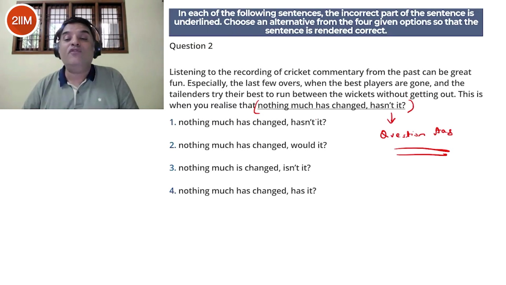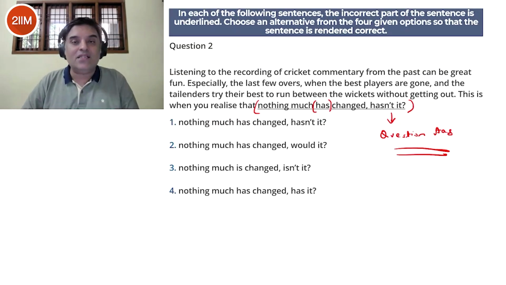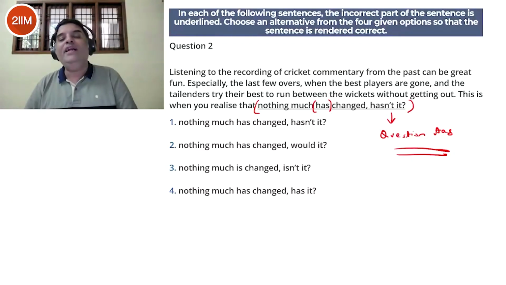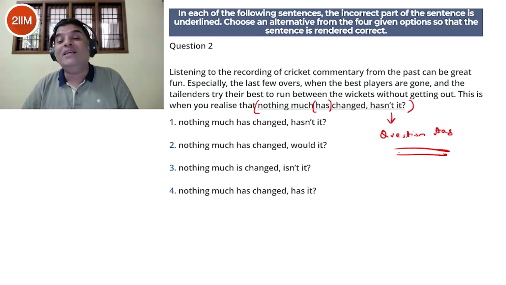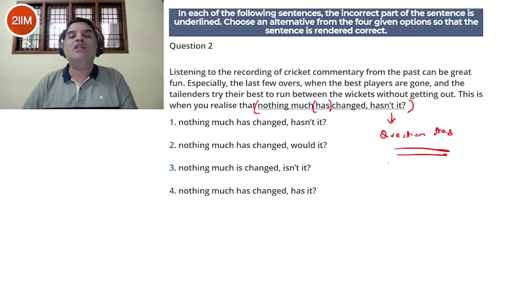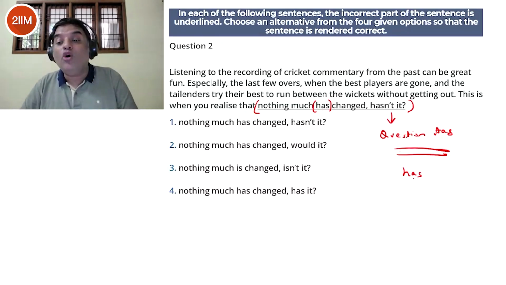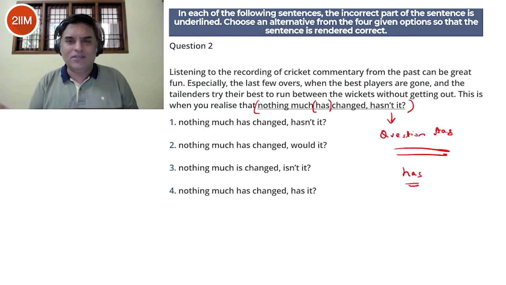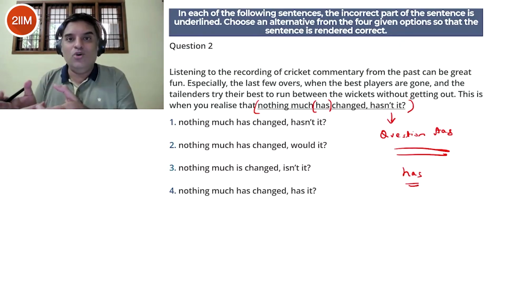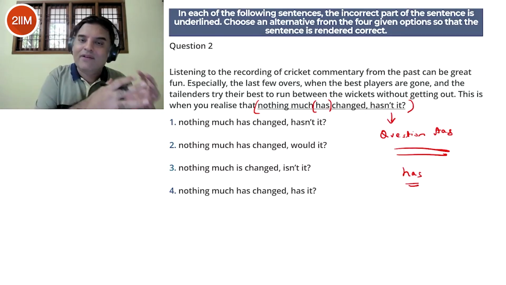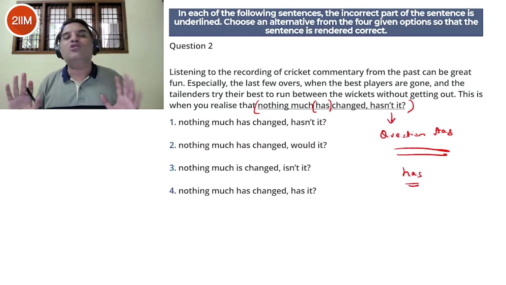Now, is this right? So for instance, the first rule that you have to remember with question tags is you have a verb here, which is has. It's called an auxiliary verb, right? When you have an auxiliary verb has, the question tag has to match the auxiliary verb. Okay, so if it's has here, the question tag should also be has or hasn't. But it has to be a variation of has. You can't say is or would there, because the auxiliary verb is has, the question tag has to match that.